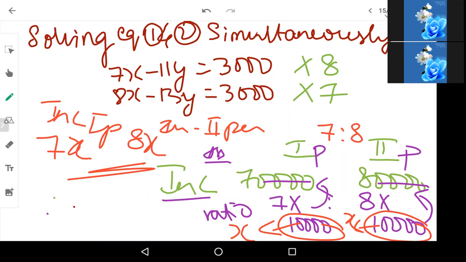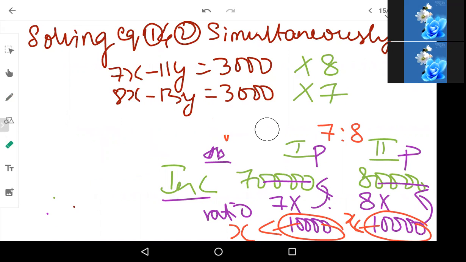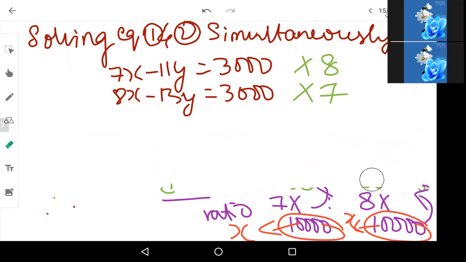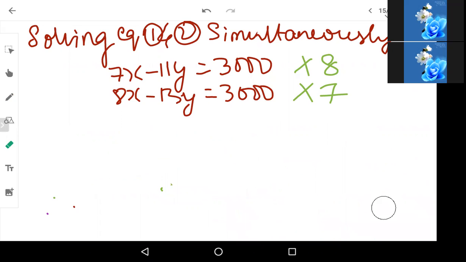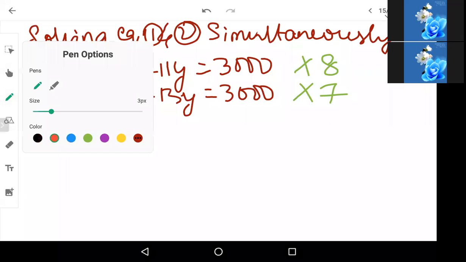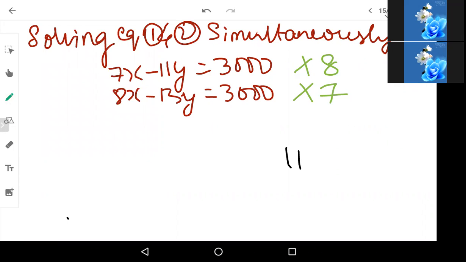Okay. Now, this was for income. The same thing we'll have to do for expenditure also. What is the ratio of expenditure? Expenditure is 11 is to 13. So let's say they are spending 11,000 and 13,000.